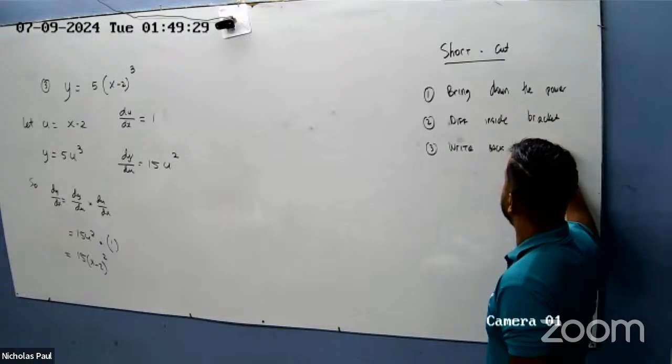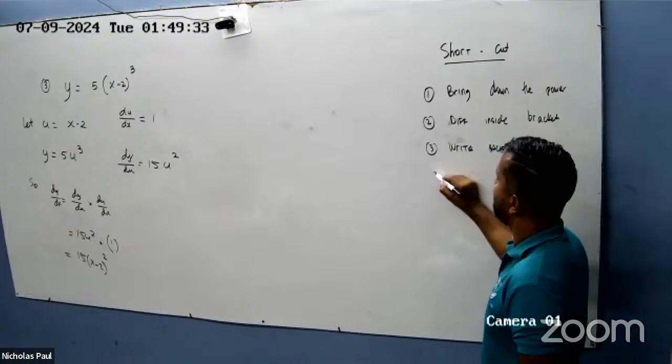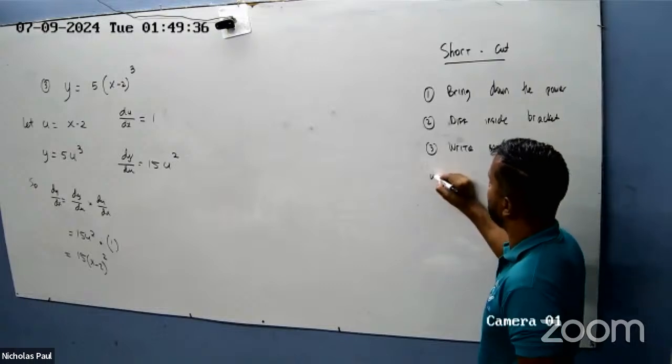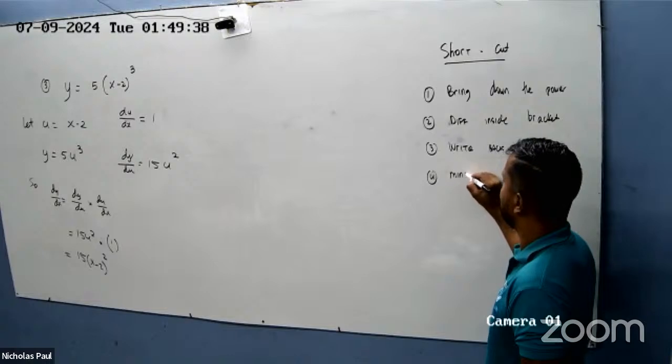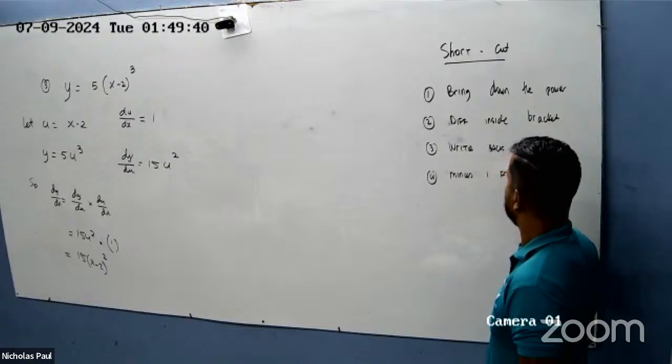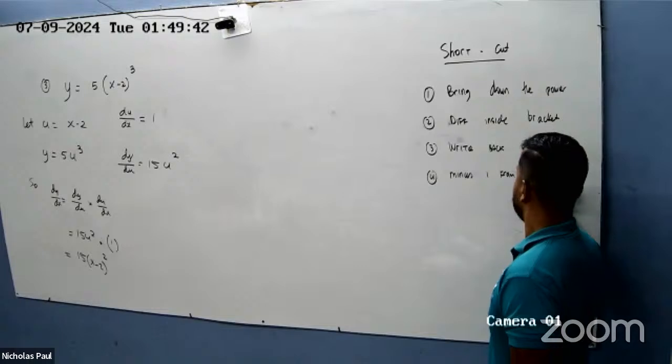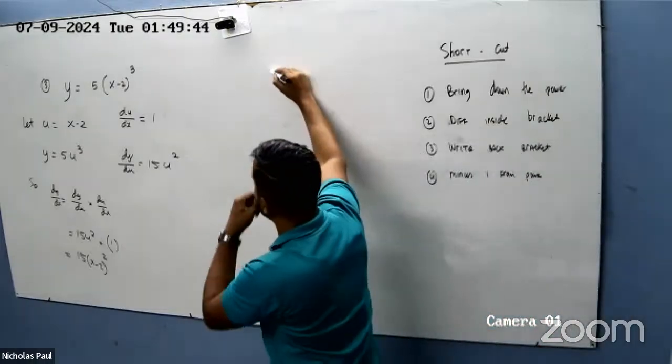Write back the bracket. And step four, minus 1 for the power. Right? So I'll use this as an example.